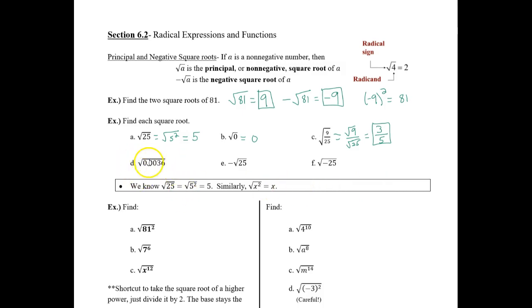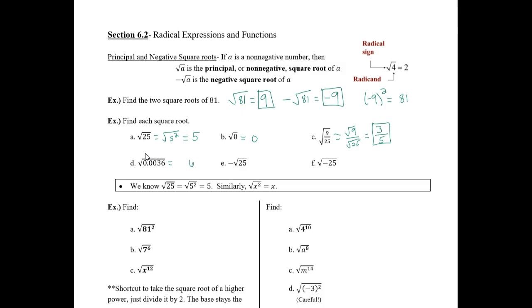Alright, part D. I have the square root of 36 ten-thousandths. There is a way to do this without a calculator. You are more than welcome to use your calculator on a test or anything like that. But the way you would do this without a calculator is we have this perfect square, 36. The square root of 36 is what?